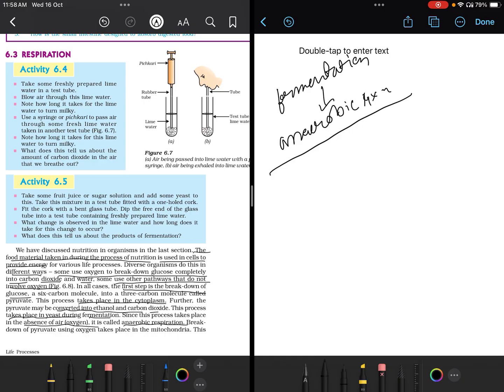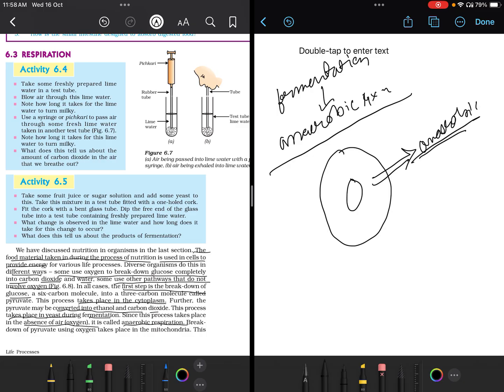Now, breaking down of pyruvate using oxygen takes place in the mitochondria. Okay. Till now, the process was taking place in the cytoplasm, the anaerobic one. Now here are present mitochondria.